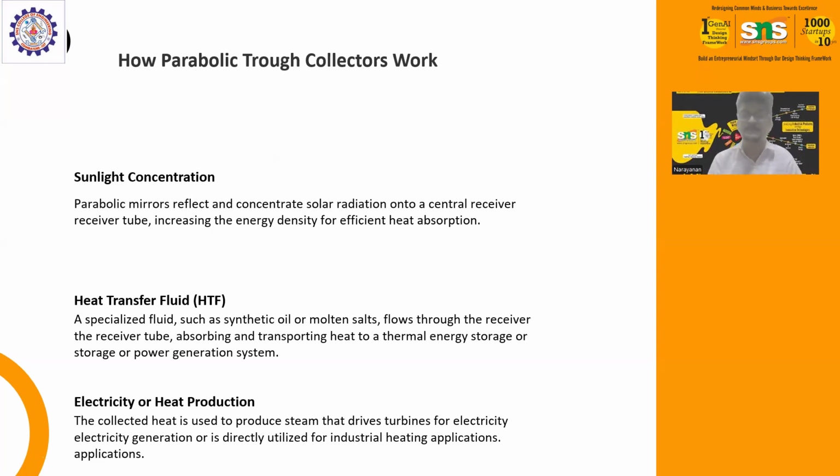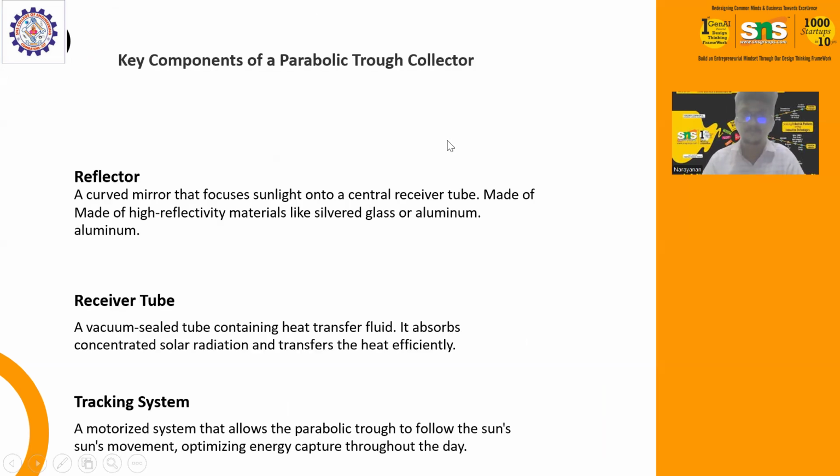Heat transfer fluid: a specialized fluid such as synthetic oil or molten salt flows through the receiver tube, absorbing and transporting heat to a thermal energy storage or a power generation system consisting of a turbine or any other prime movers. Electricity or heat production: the collected heat is used to produce steam that drives the turbine for electricity generation or is directly used for industrial heating purposes and other applications.